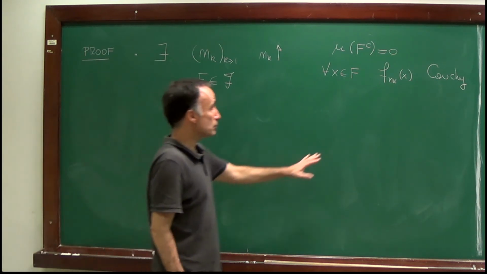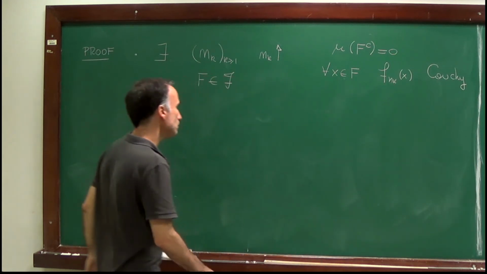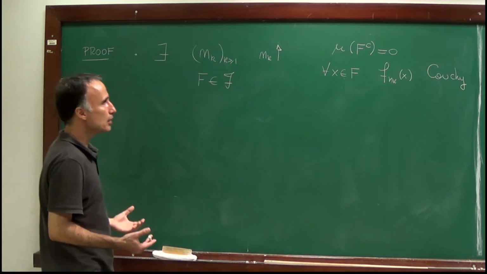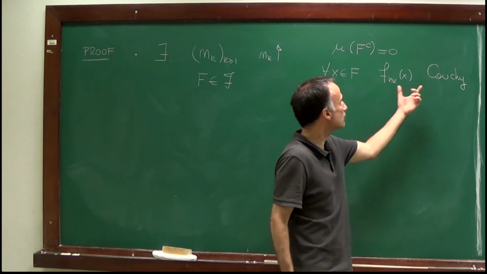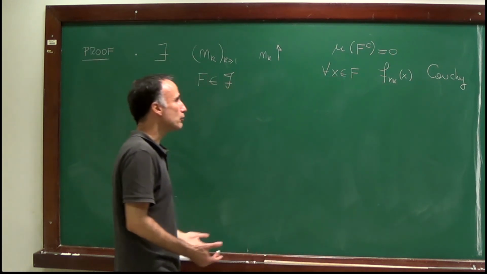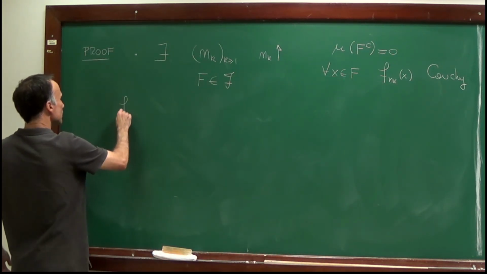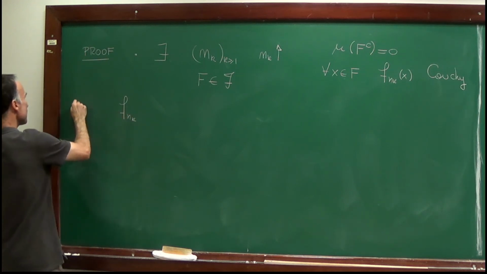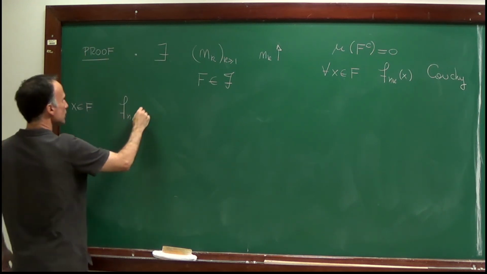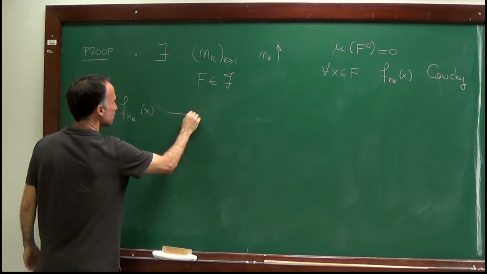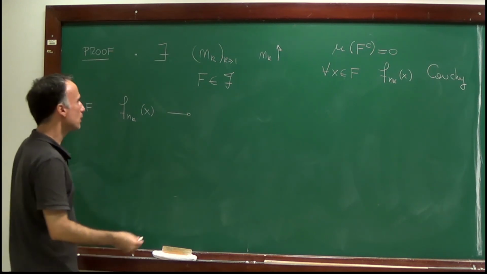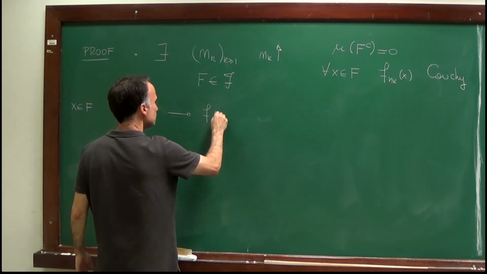So this is a sequence of real numbers. So since we know that Cauchy sequences of real numbers converge, we know that for any x in F, f_{n_k}(x) converges. Okay, so let me call the limit f(x).